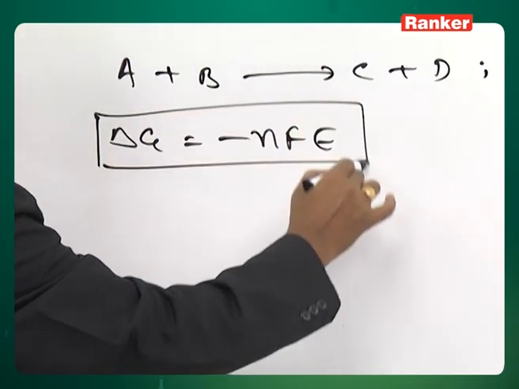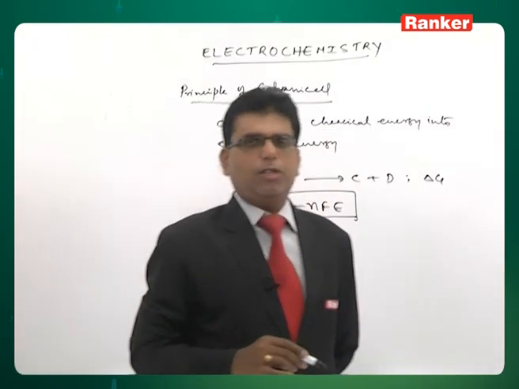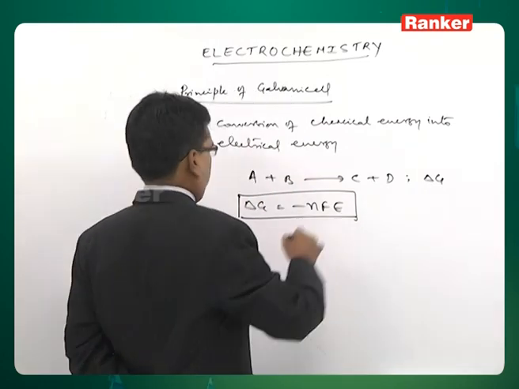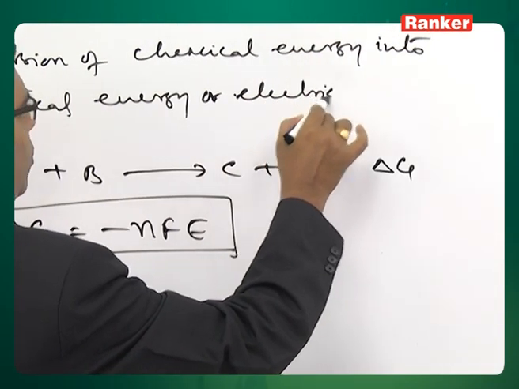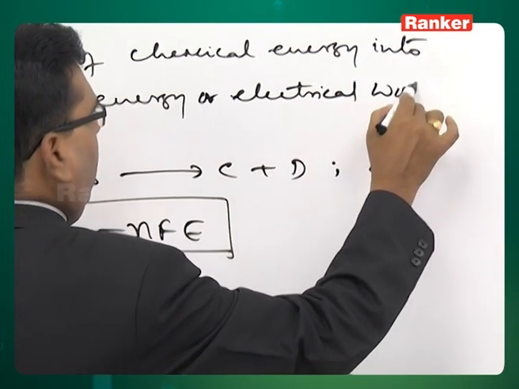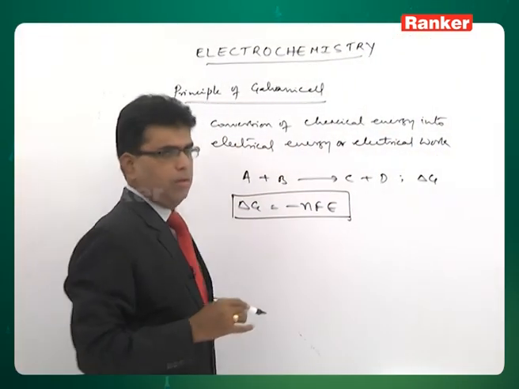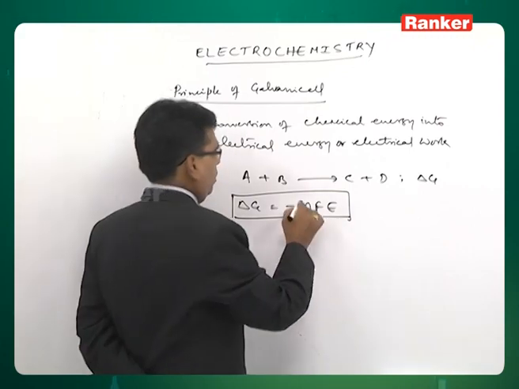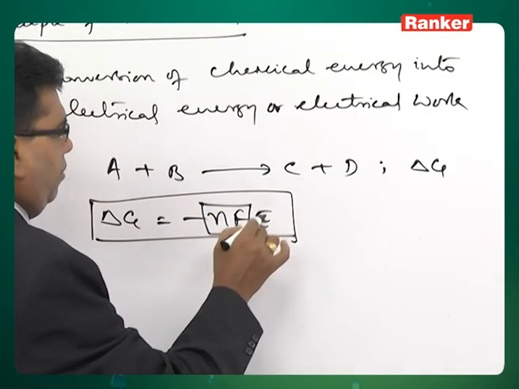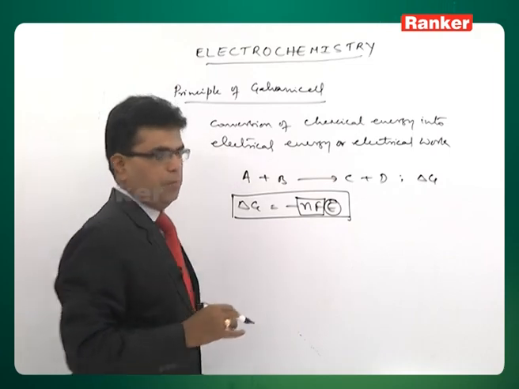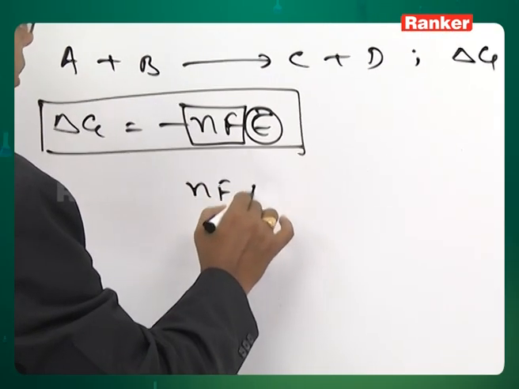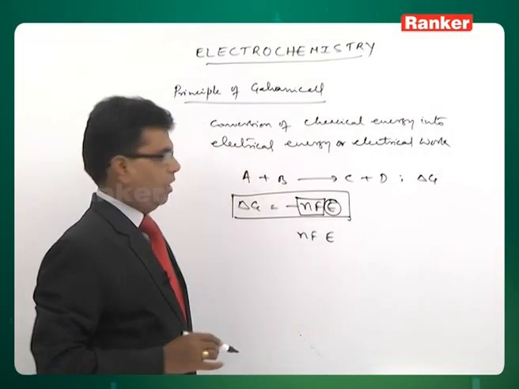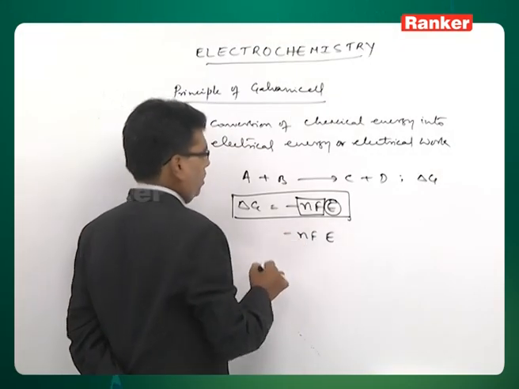So, the energy released in a chemical reaction is converted into electrical work done, electrical energy or electrical work. Electrical work is given as the product of charge nF and EMF. Charge is nF and EMF is E. So, delta G is equal to minus nFE.